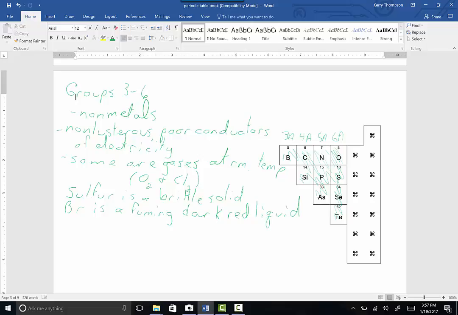So, a wide variety of what they look like. However, they are all nonmetals. They are grouped together here because of that, and because they're poor conductors of electricity. They have 3, 4, 5, and 6 valence electrons, respectively. So group 3 has 3 valence electrons, group 4 has 4 valence electrons, group 5 has 5, and group 6 has 6. So they have 3 to 6 valence electrons.